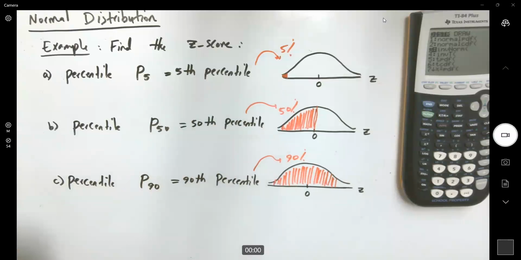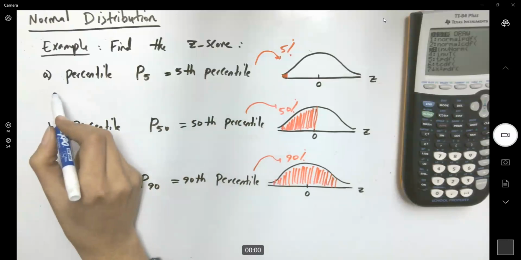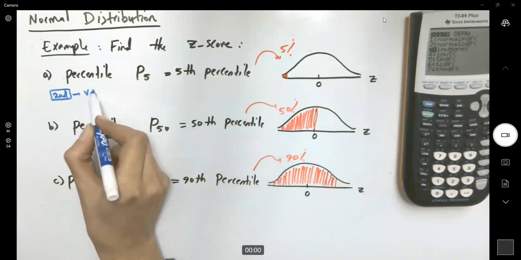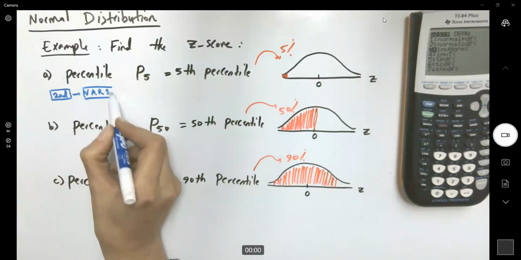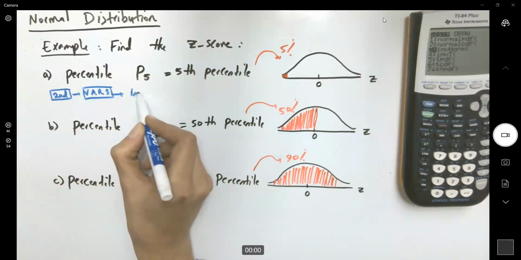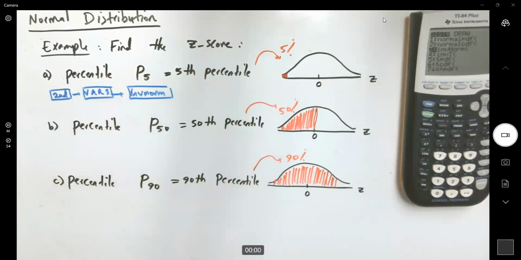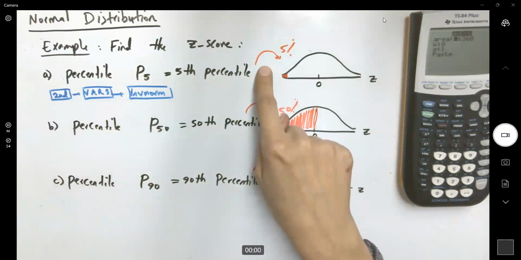You have to use second vars and then inverse norm. Okay, second vars, inverse norm. What is my area? 5th percentile.